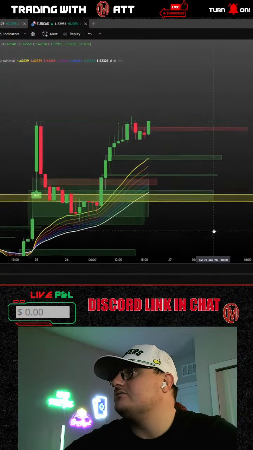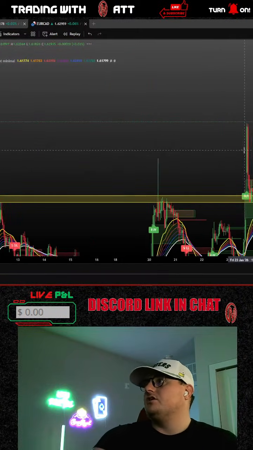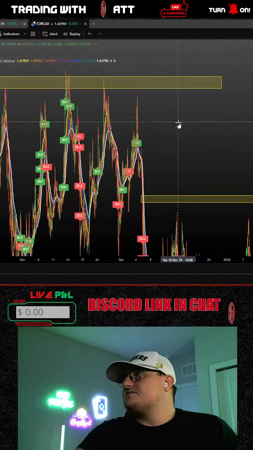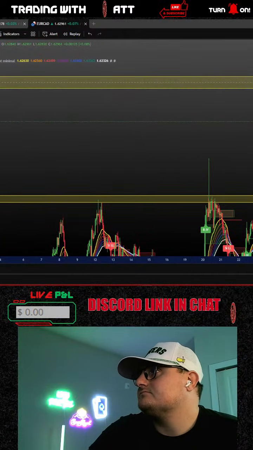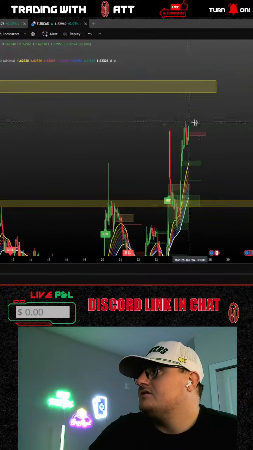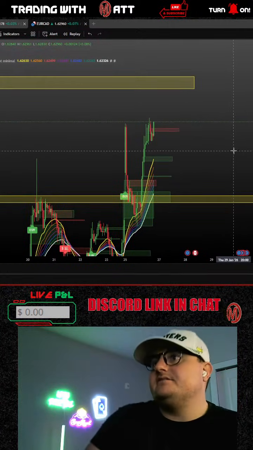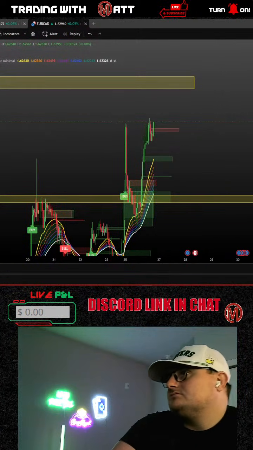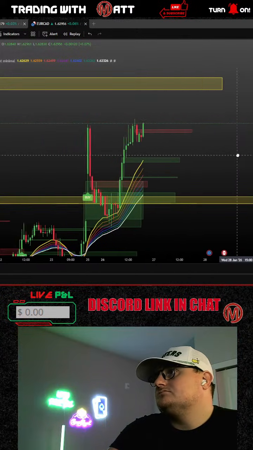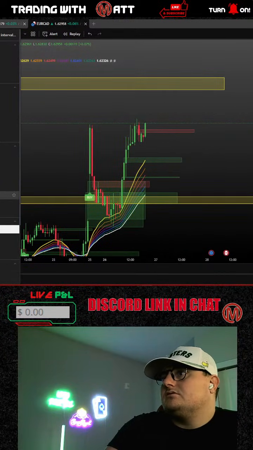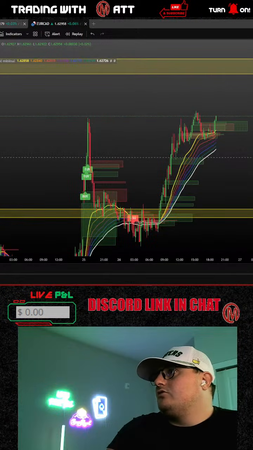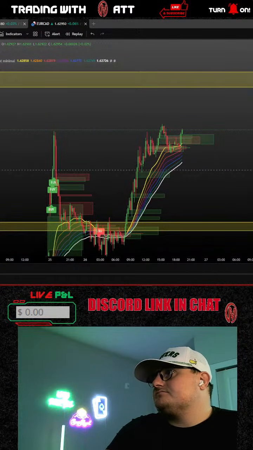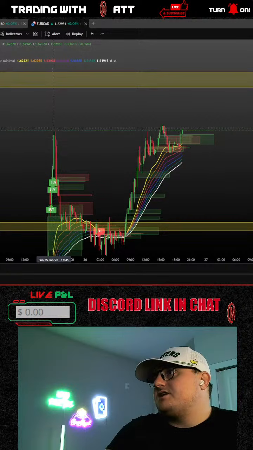Euro CAD's got almost no volume, but yeah, it could go. Next zone's right here. Next zone's up here on Euro CAD. 15-minute rule works. Just want to see what happens right here.